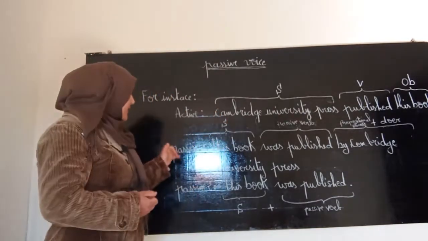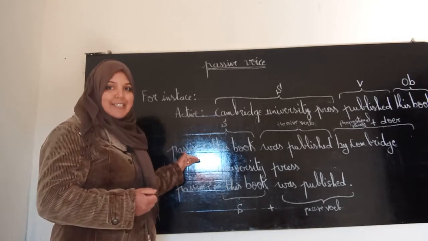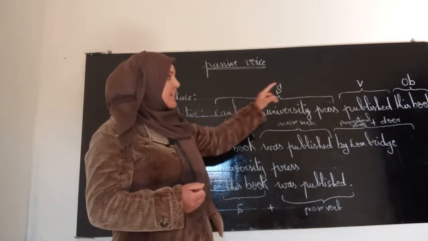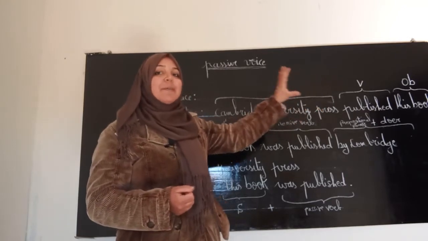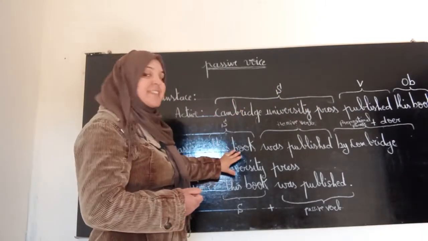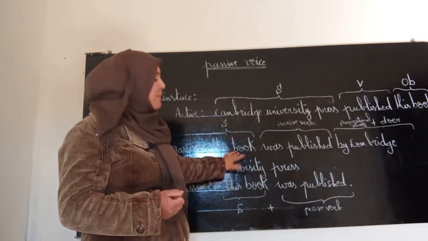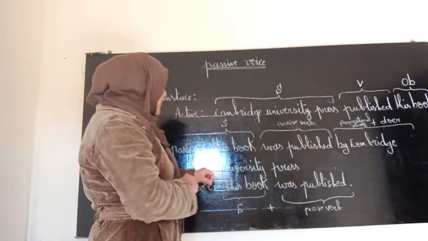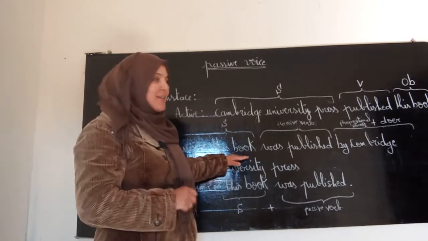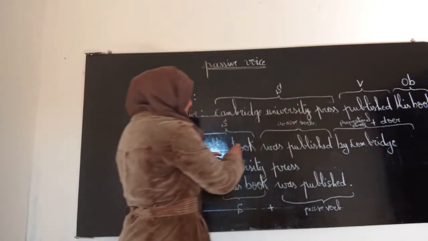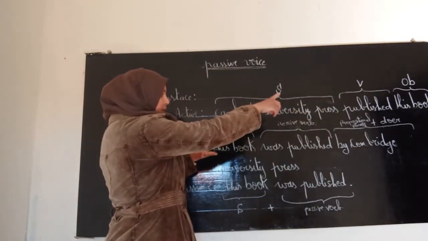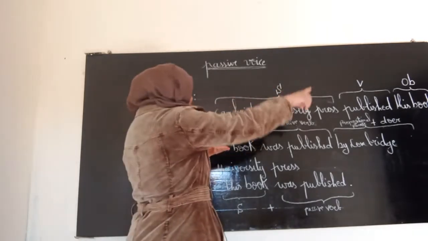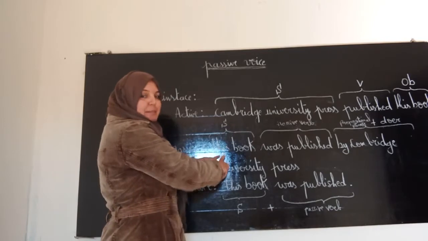So now let us move to the first case in passive voice. This book, we have said object becomes what? Becomes subject. Okay? We reverse the order of the sentence in passive voice. So this book, the object of active voice, becomes subject in passive voice.